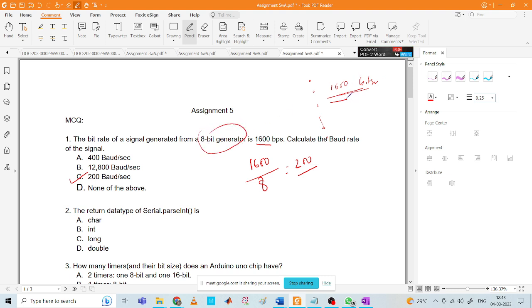So what is the number of signal changes? It is 1600 divided by 8. So always remember, baud rate equal to bit rate divided by 8.